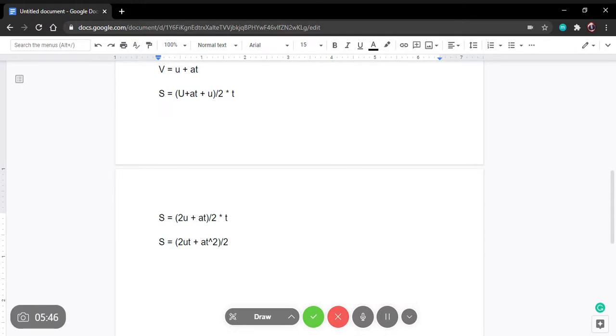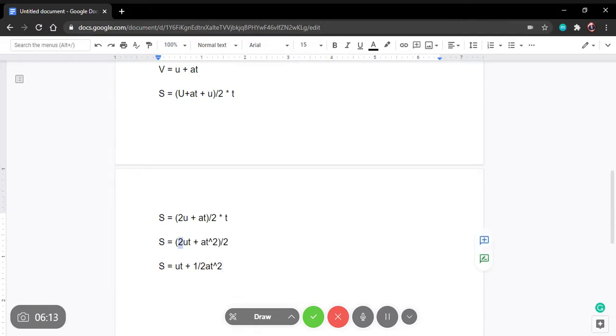Now we are multiplying t with both 2u and at, because the plus symbol divides these two variables. So we get 2ut plus at squared. Finally, s is equal to ut plus half of at squared.